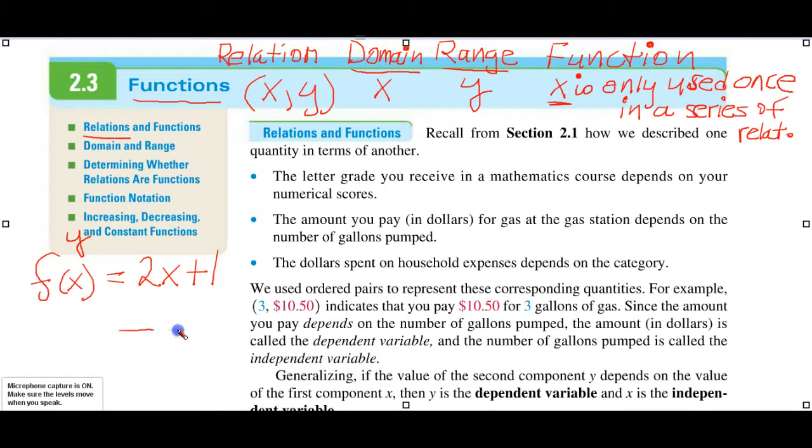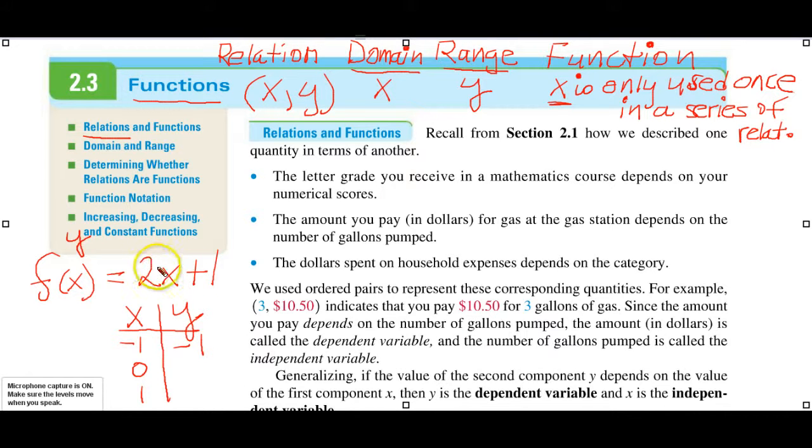Now, you recall when we made a t-chart and we said we could put various values in for x. So if x is -1, if x is 0, if x is +1. If x is -1, then this becomes -2 plus 1, which gives me a result of -1.